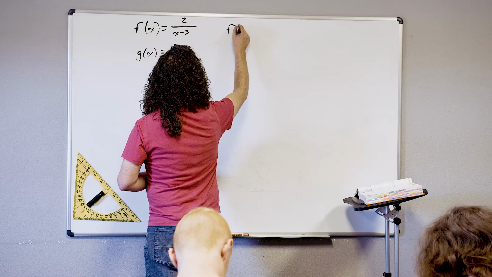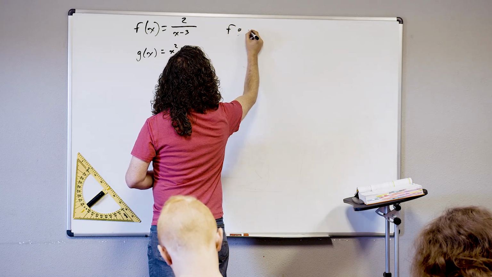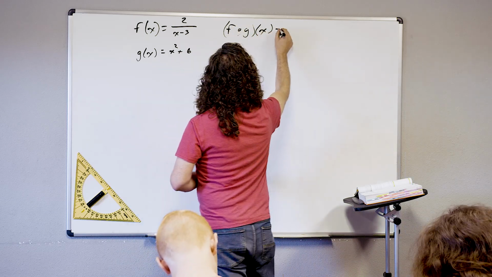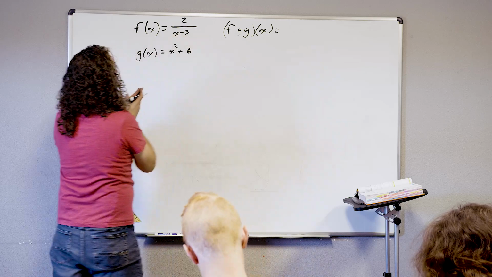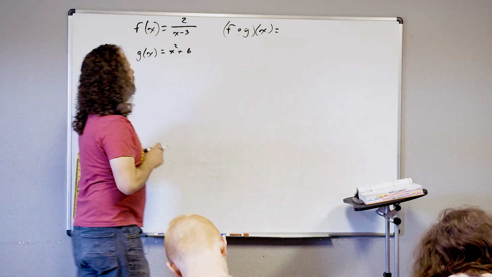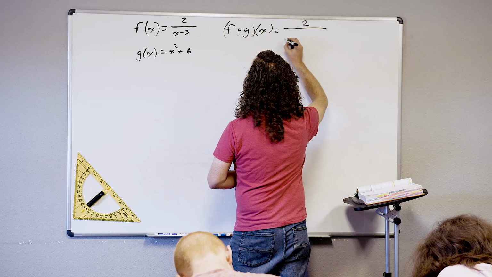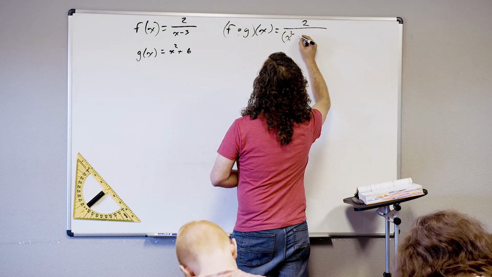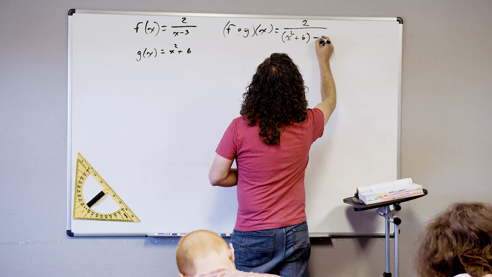All right, so f of g of x. So we would take g and put it inside of f, right? So let's do that. So it'd be 2 over, and then all of that junk inside of that one. So x squared plus 6 minus 3.